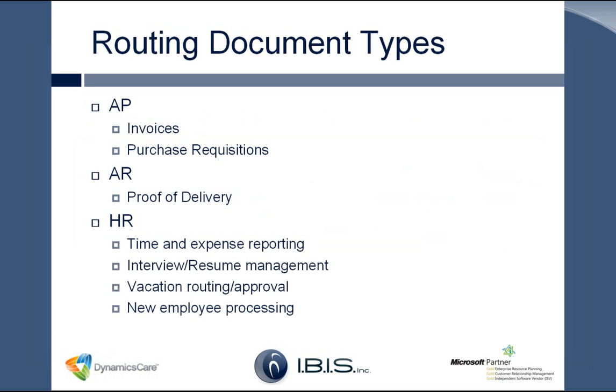So now we've talked a lot about accounts payable, but what are some other document types that you can begin to automate? And this will come to light in a couple of future examples. So in AP, you've got invoices. You also have purchase requisitions.